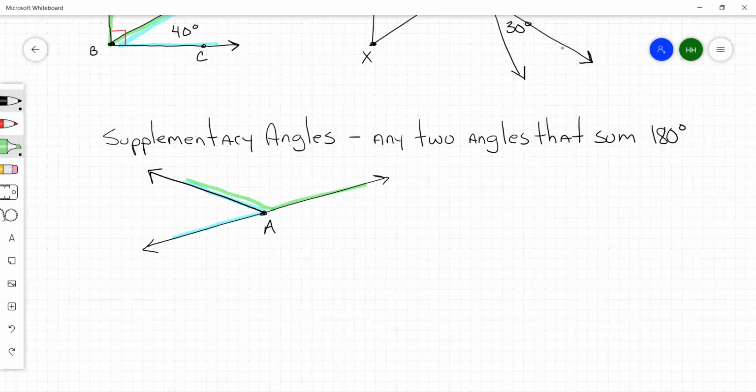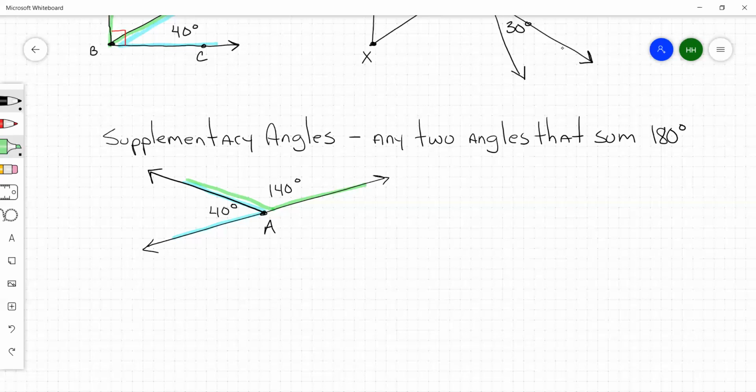So if over here on the left we got a 40-degree angle, if blue is 40, what's green? 140. They're supplementary. They sum 180. Their non-common side forms a straight line.